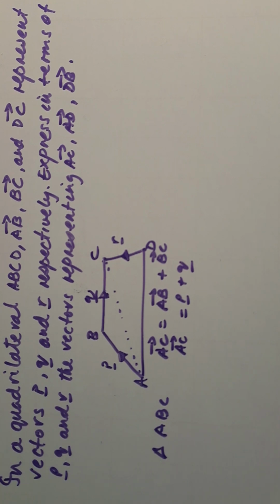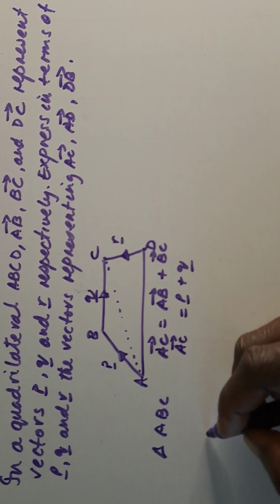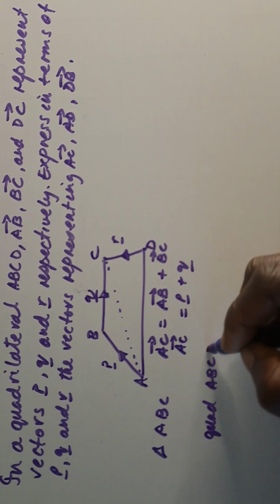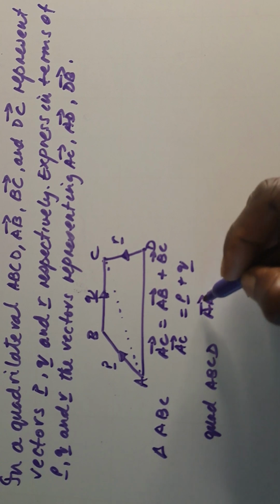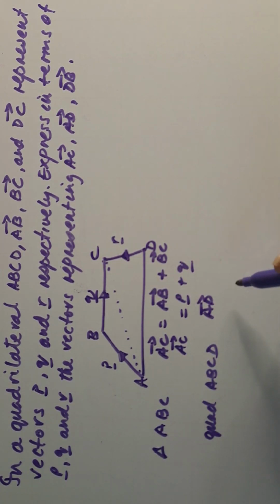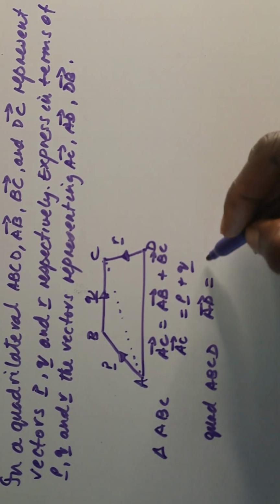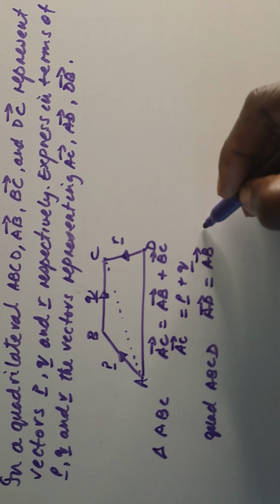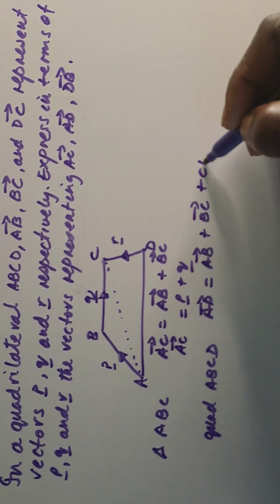So we have AC. Next, we look at the quadrilateral, we call it quad, A, B, C, D. Now we have that AD, the displacement from A to D, is equal to AB added to BC added to CD.